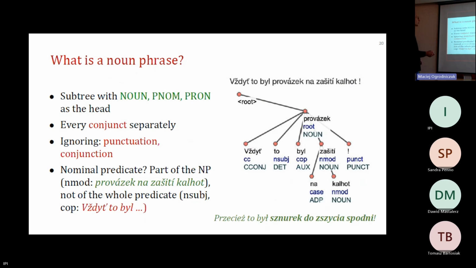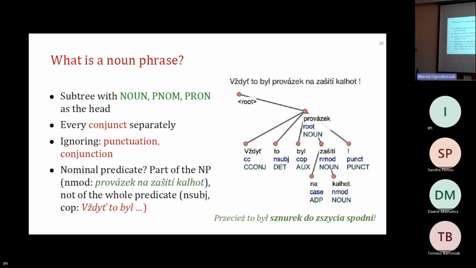So we take whatever has the category of noun, pronoun or proper noun, but we have to make sure that we don't count the copula and the subject. So we only count these. For conjuncts, we also don't want to count on the top level some conjuncts.